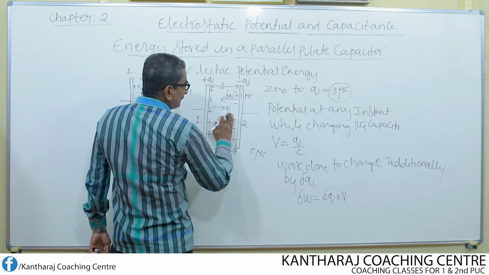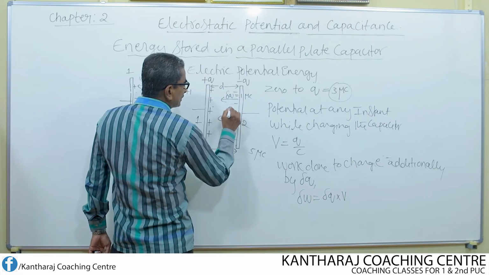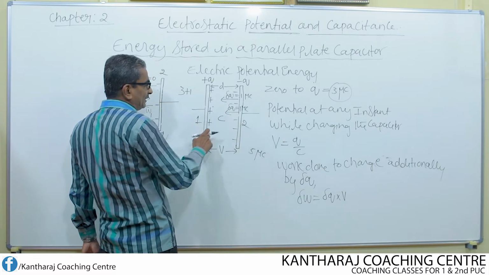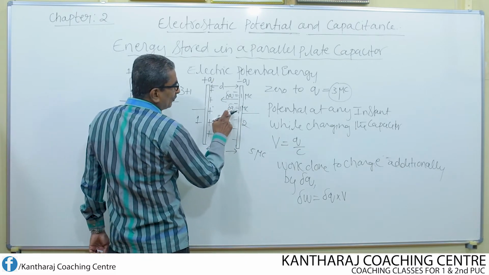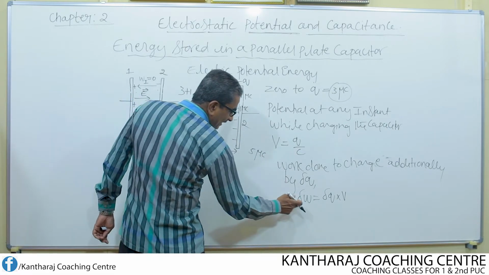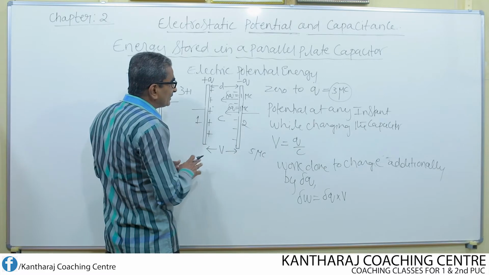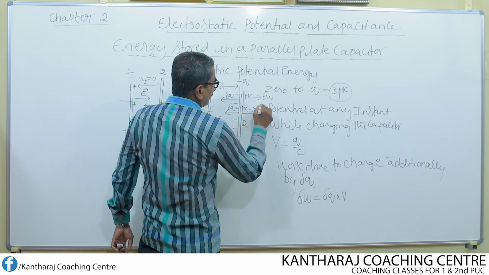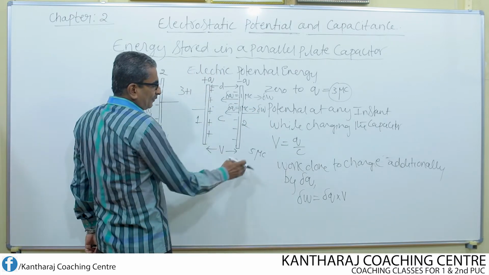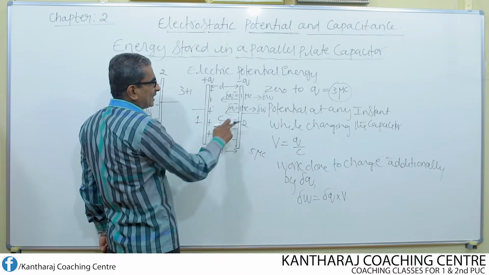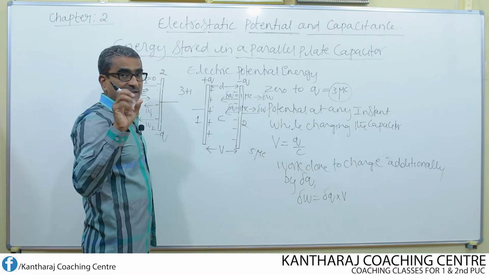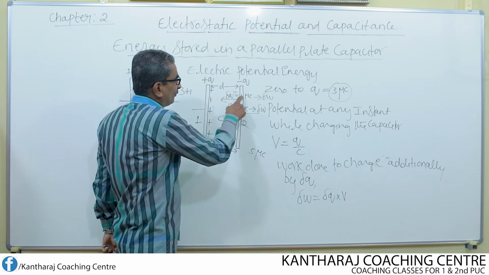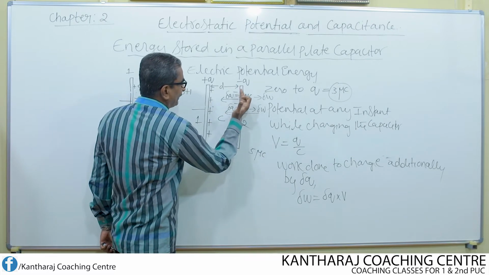So delta Q is the charge which is equal to 1 microcoulomb removed from this plate and made to deposit on this plate. Once again, for this, work done is nothing but how much? Delta W itself. So like this, for 1 microcoulomb, work done is delta W. For another microcoulomb, work done is delta W. So for 5 microcoulomb of additional charge, how many delta W's will be there? 5 delta W's will be there if you shift the charge in small quantities of say 1 microcoulomb from one plate to another plate.